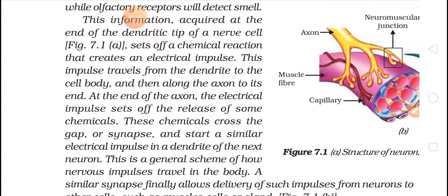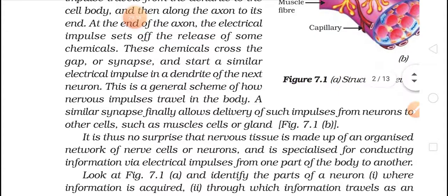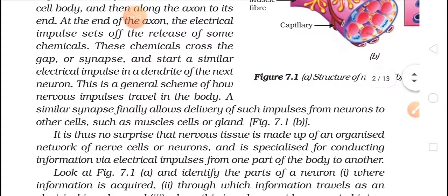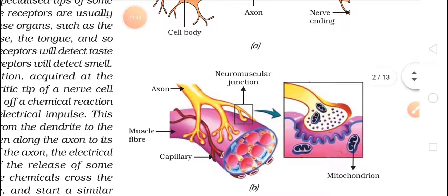This is a general scheme of how nerve impulses travel in the body. A similar synapse finally allows delivery of such impulses from neurons to other cells such as muscle cells or glands. So whatever I have explained to you, they are telling us the same.